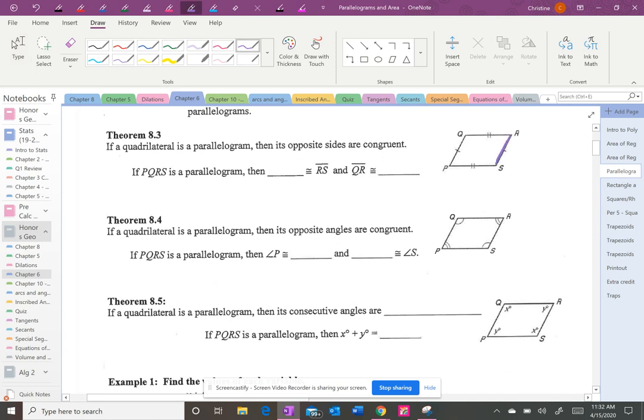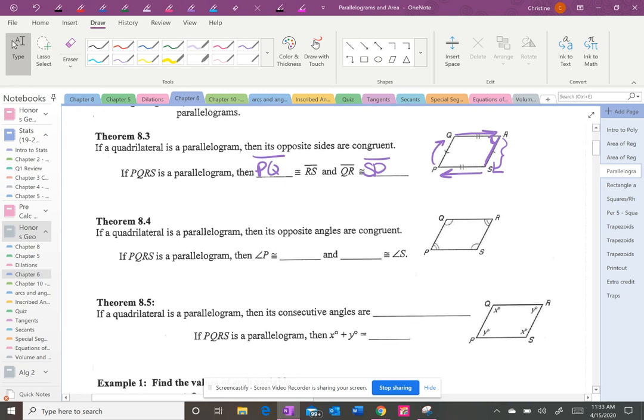So RS is going to be congruent to, now be careful, R is an acute angle, so we're going to say that RS is congruent to PQ. Just like QR is congruent to SP.